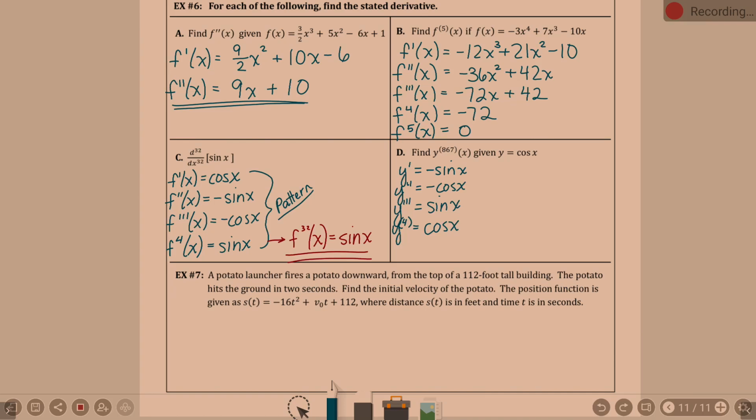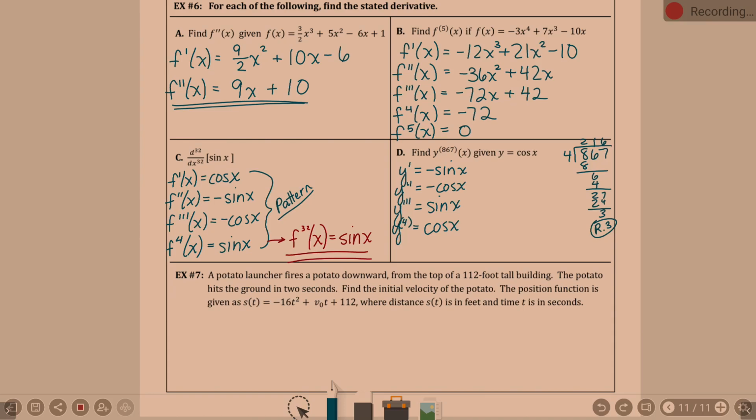Now, 32 is easy because I know 4 times 8 is 32. 867? My brain doesn't have that. If I divide by 4, 216, remainder 3. What's the important part about that? Remainder 3, right?